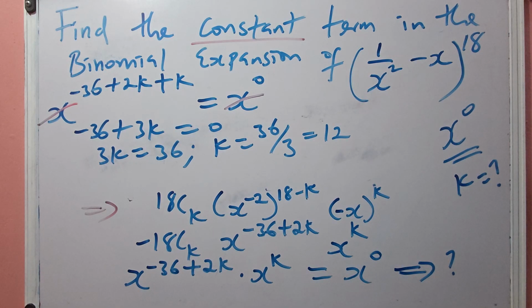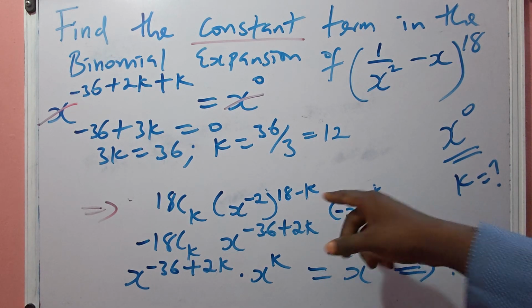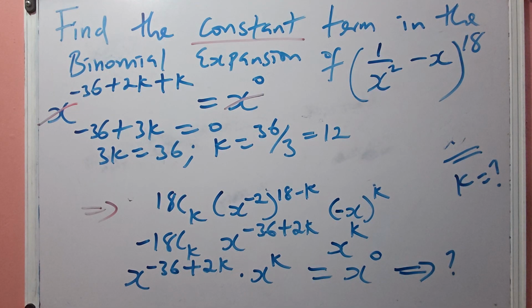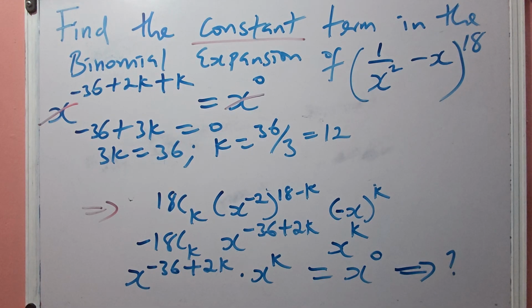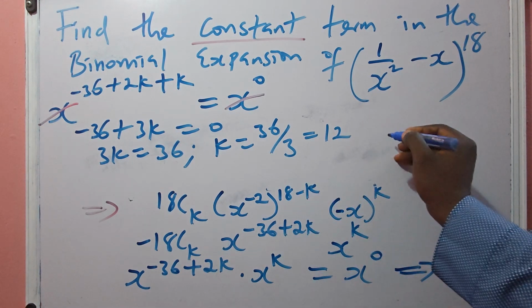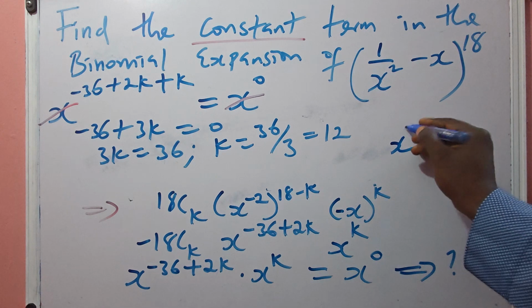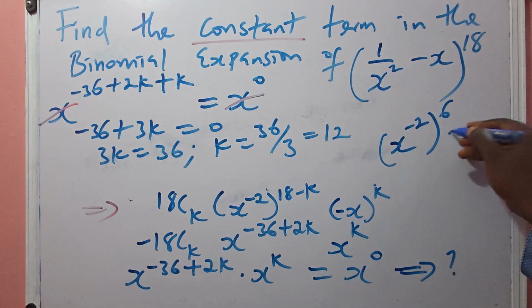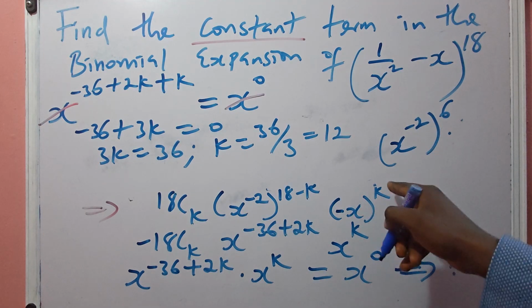So if you go on to fix in your 12 right here, what you're going to find is x raised to the power minus 2. 18 minus 12 will give you a value of 6, just to show you guys how this works. So that will be 6, then multiplied by, of course, minus x raised to the power 12.